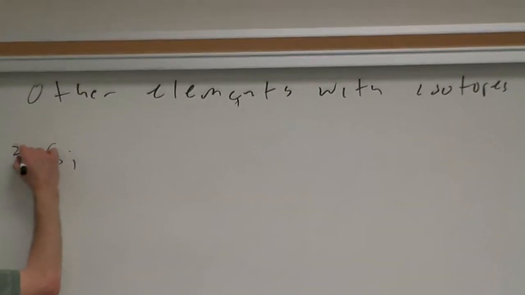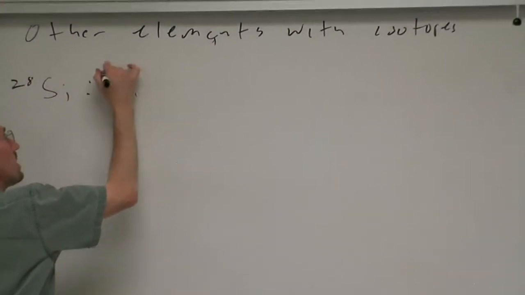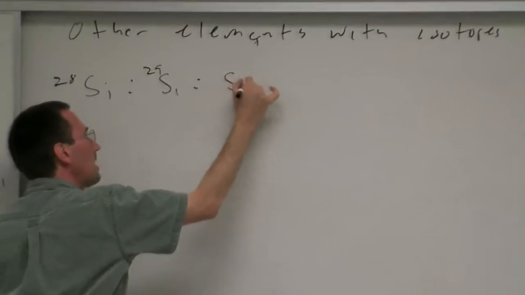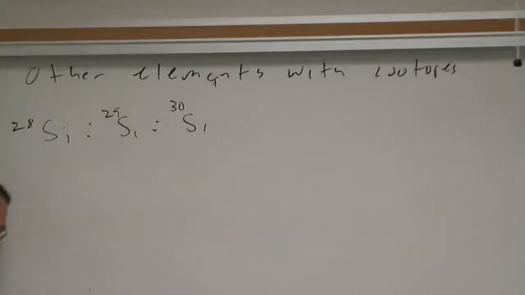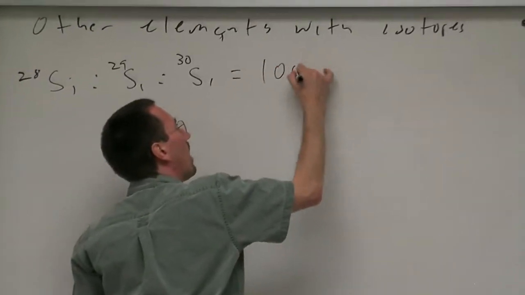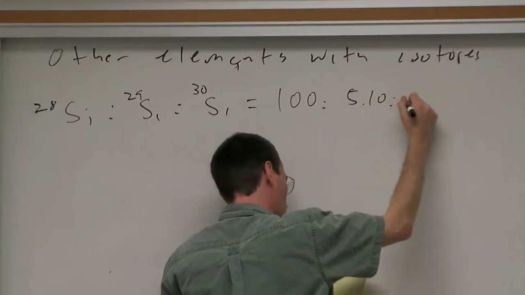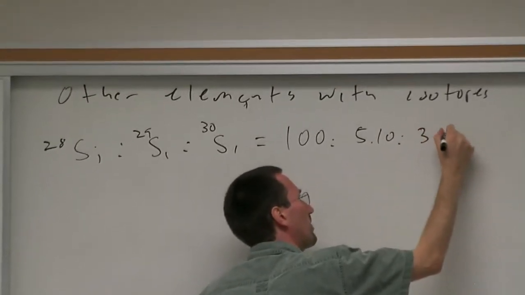Silicon consists of an isotopic mixture of silicon-28, silicon-29, silicon-30. The ratio is 100 to 5.10 to 3.35.